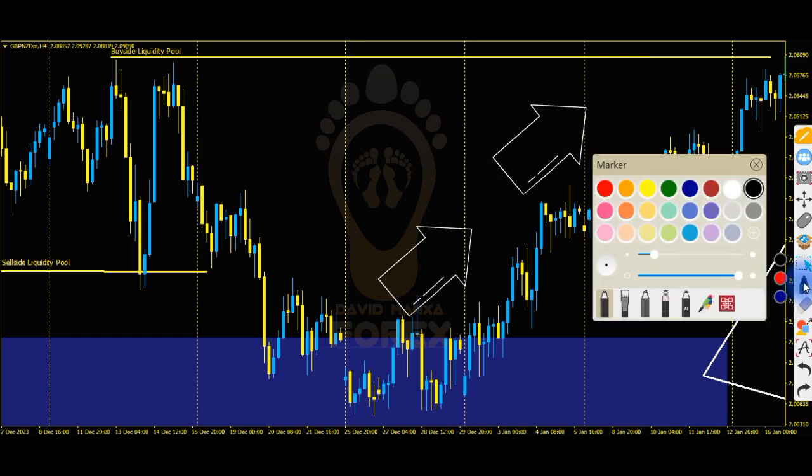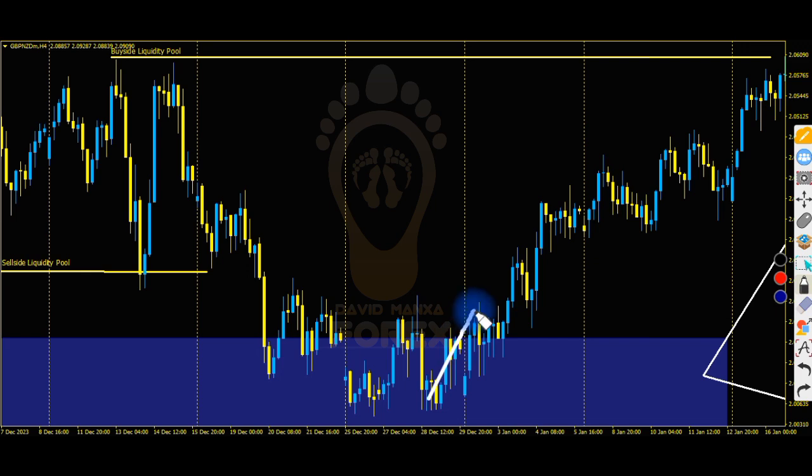So we started making structures here, like that, and like this. The market began to make higher highs and higher lows. As we started making higher highs and higher lows, a zone was created right here. There was this demand zone that was created right here, or you can call it another block level.